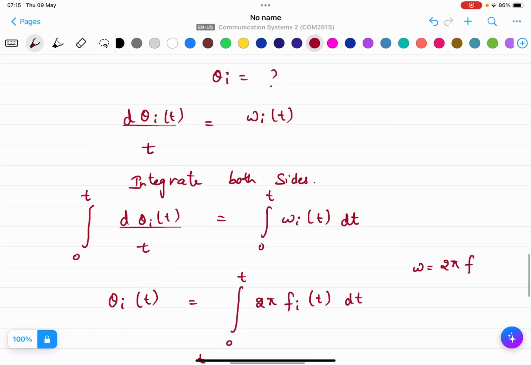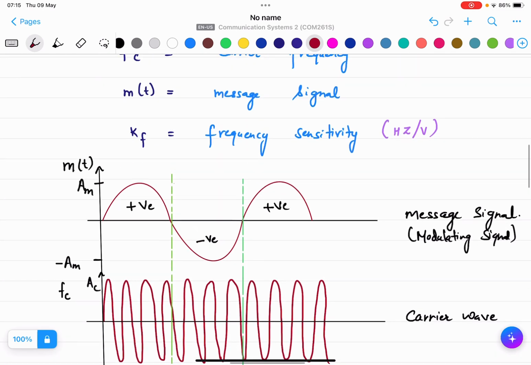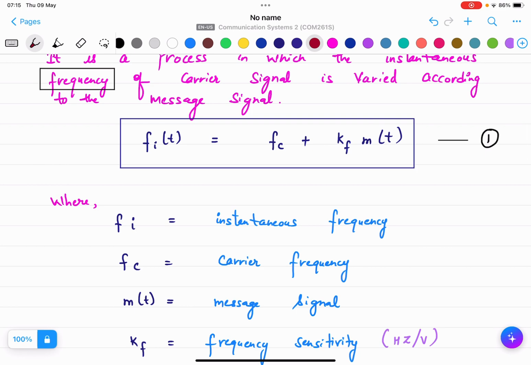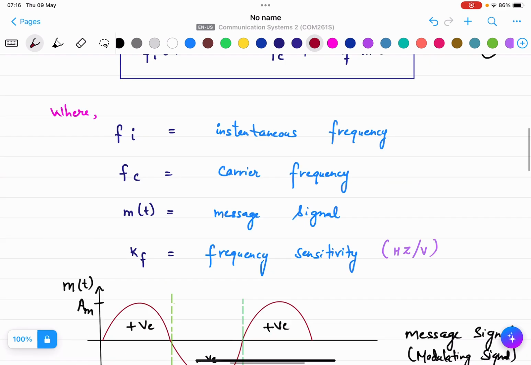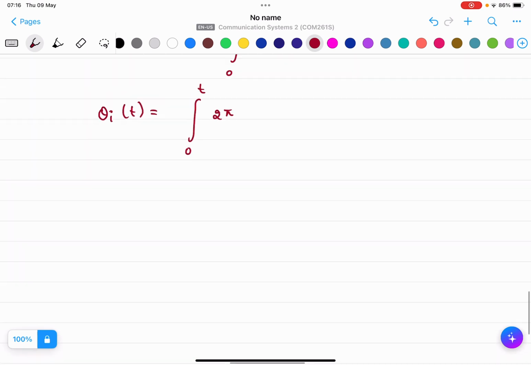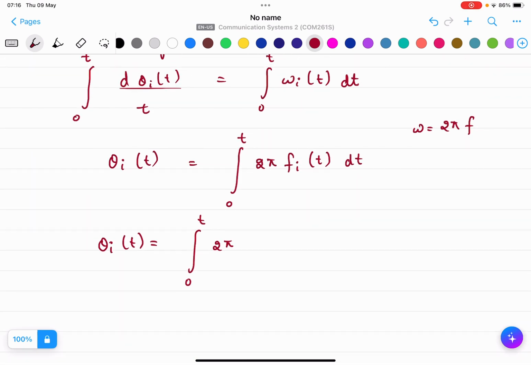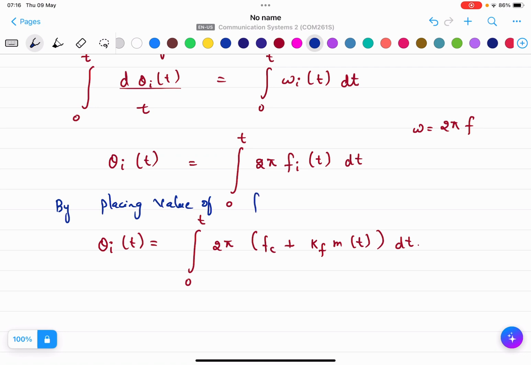Now what is f i(t)? Look at this equation now. What is f i(t)? It is equal to fc plus kf m(t), right? So I will just place the value of this here: fc plus kf m(t) dt. So I'm writing here by placing the value of f i(t) from equation 1.